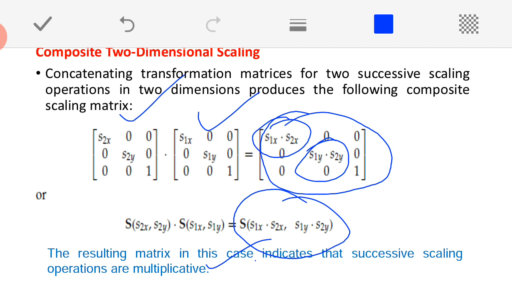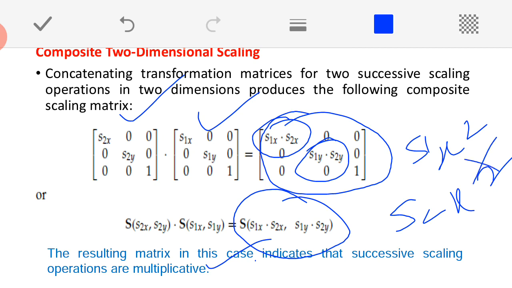Is it clear? For example, if you want to scale with the first matrix Sx as 2, that is S1x, then S2x as another 2. Then what happens here? When I want to perform scaling followed by scaling, 2 into 2, finally I can directly scale with 4.